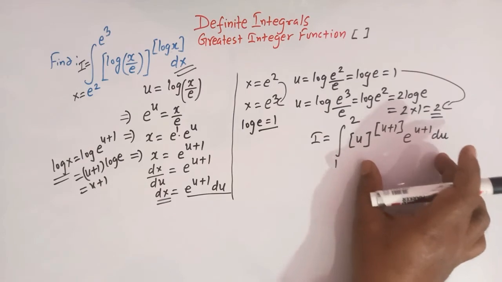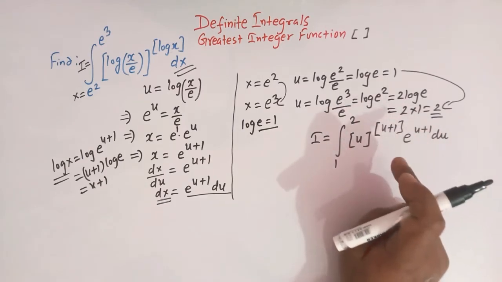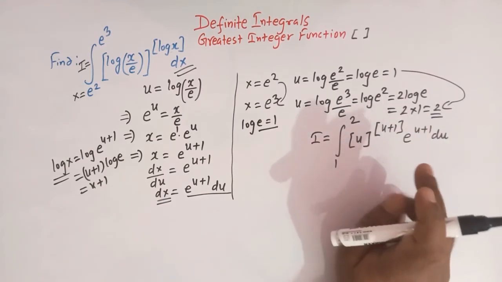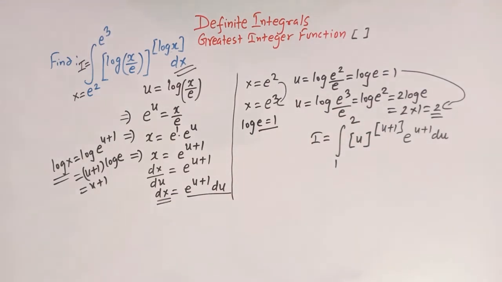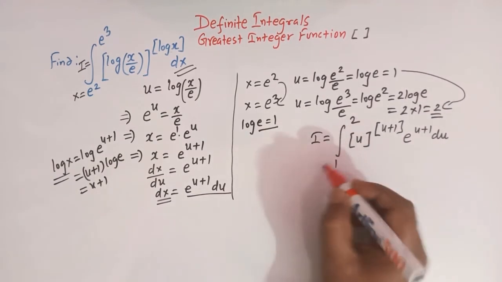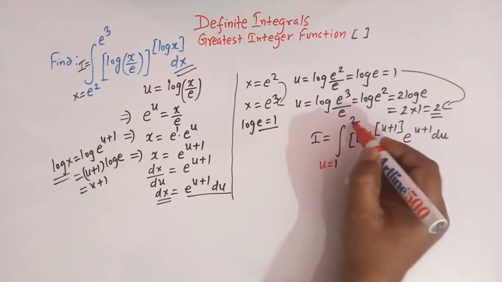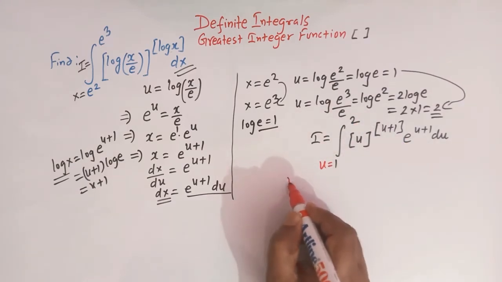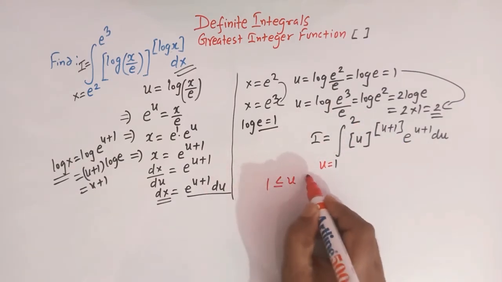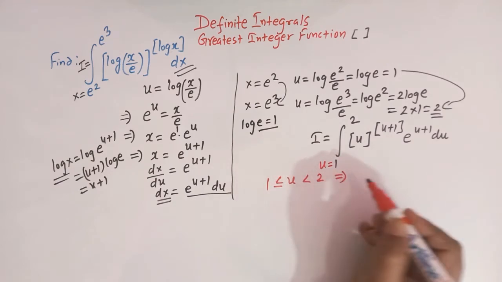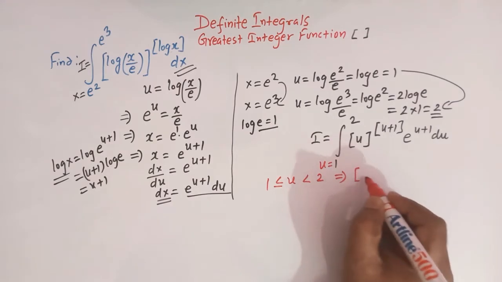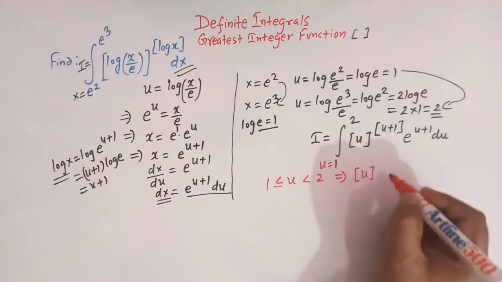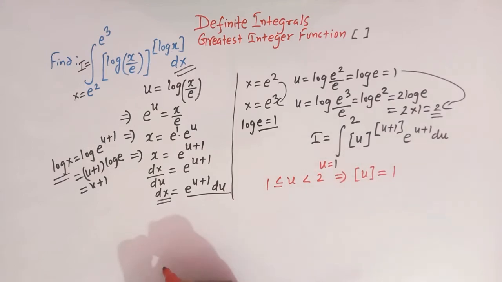Now our aim is to find the value of this integral, but here we have to use the definition of the greatest integer function. We see that u varies from 1 to 2. When u varies from 1 to 2, as per the definition of the greatest integer function, the greatest integer of u is equal to 1.